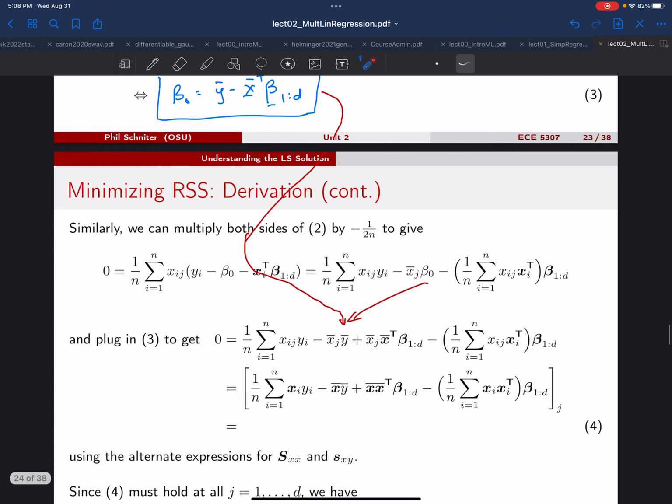And hopefully now you can see we can use those alternative expressions. So we have S vector xy, that is where we get this. And then over here, we get minus SXX, the matrix, times beta 1 through D.